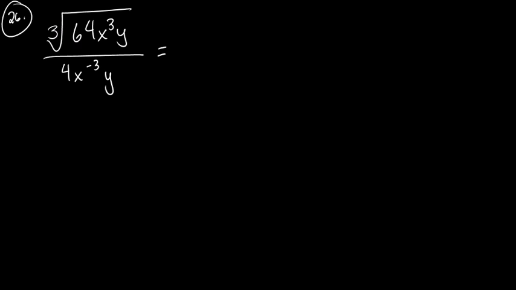So right now, I want to break down 64 into its factors, 2 and 32, and 2 and 16, and so on. This is 2 to the 6th.